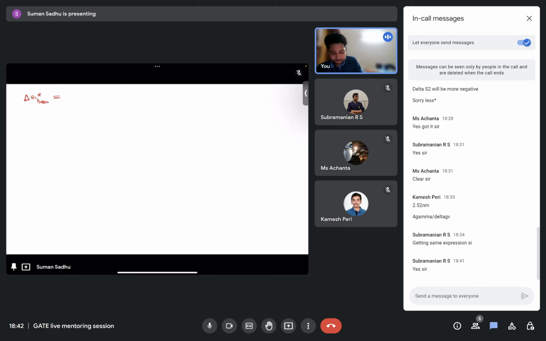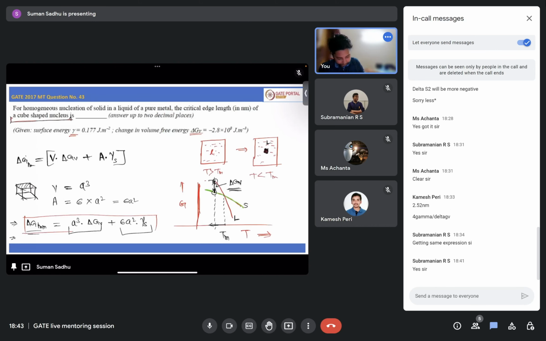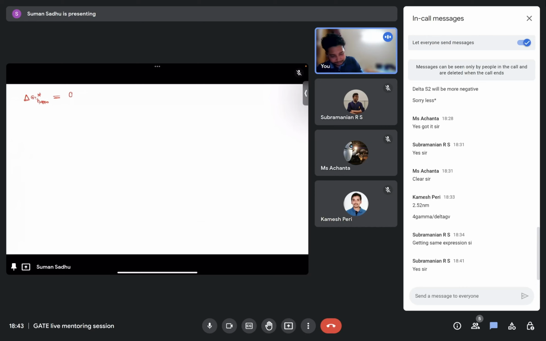So delta G star of homogeneous nucleation, you have to write this equation: a star cube into delta GV plus 6 a star square into gamma. The a star value we have already calculated: it is 4 gamma by delta GV, whole cube, into delta GV, plus 6 into 4 gamma by delta GV, square, into gamma.